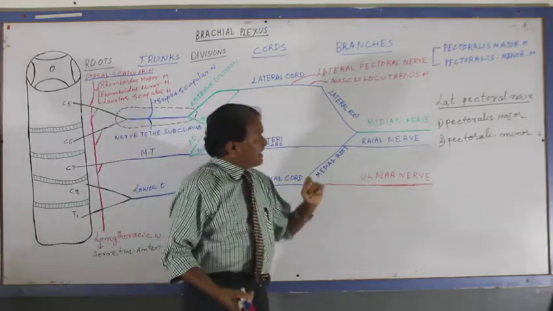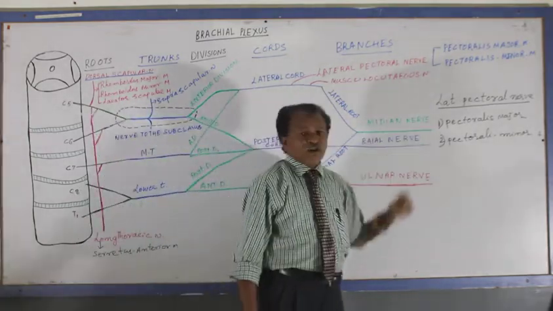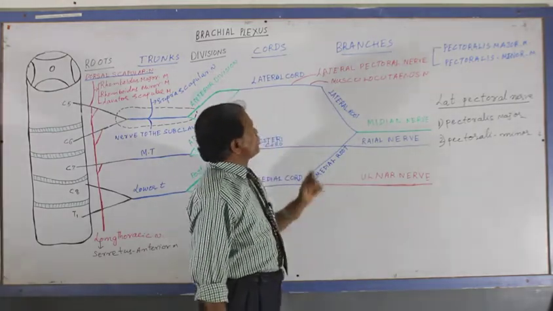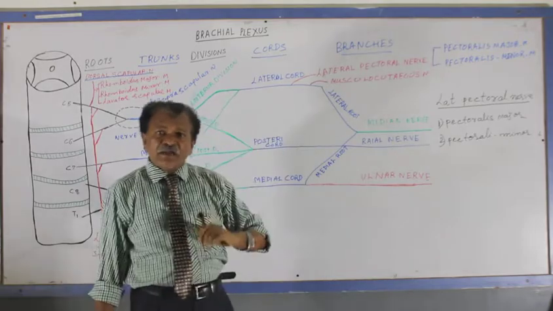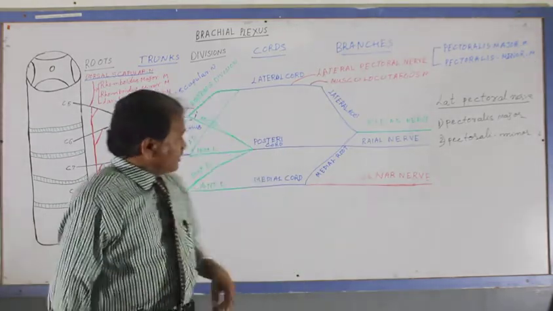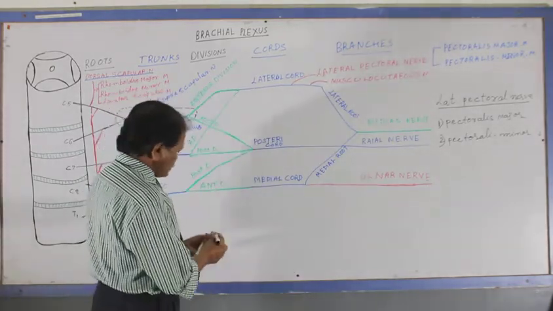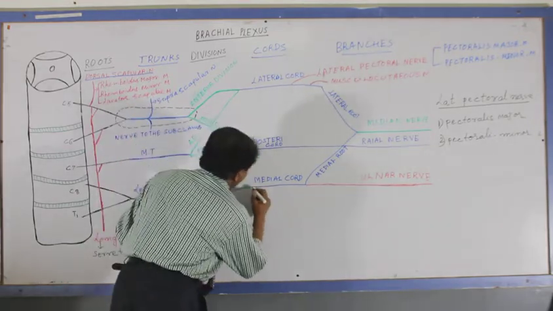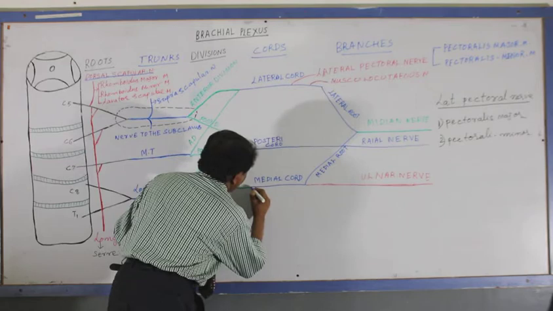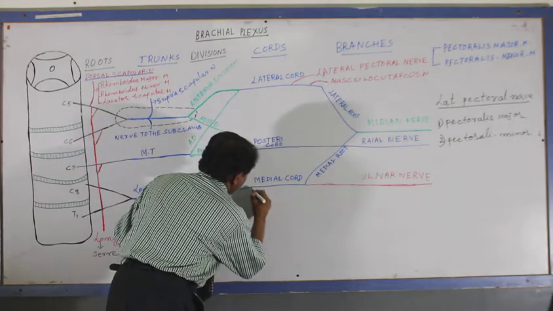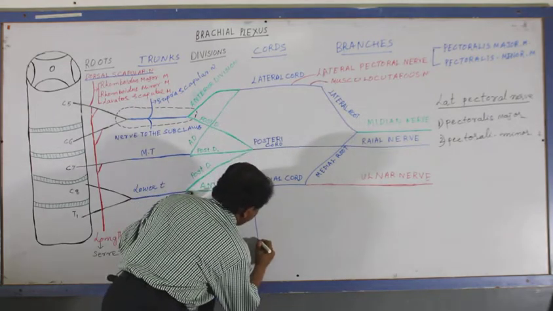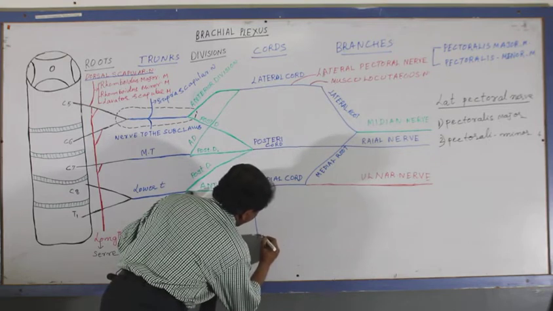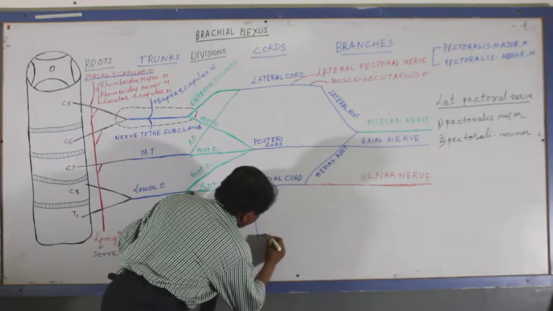Means the nerve supply of the pectoralis major and pectoralis minor muscles is from the lateral pectoral nerve and then the medial pectoral nerve. But the medial pectoral nerve is a branch of the medial cord of the brachial plexus.